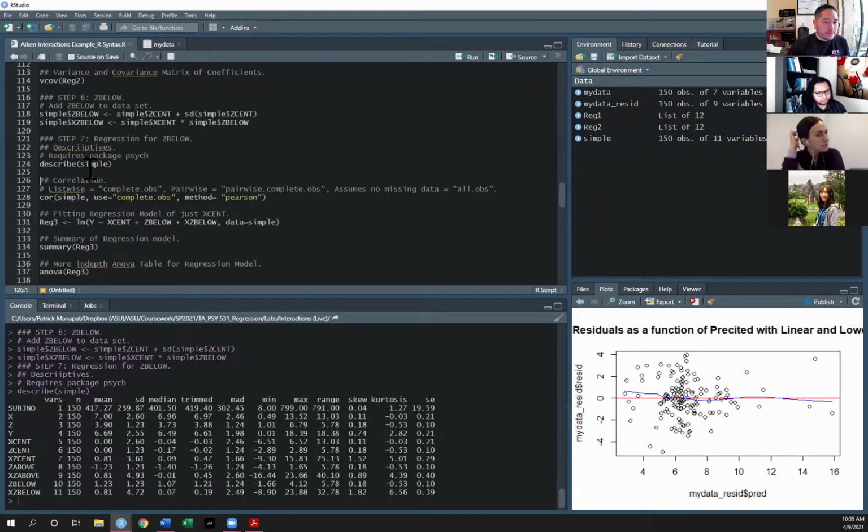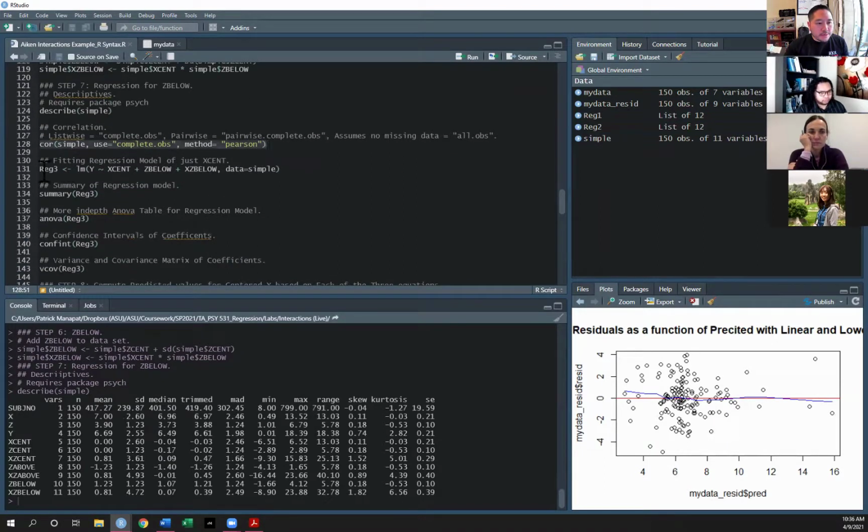We can get our descriptives. And now we have z above and xz above, which we did in the last step, and then here we have z below and xz below, our new variables. You can get a correlation matrix if you need it, but I'm going to go ahead and move on to getting the simple regression equation here.